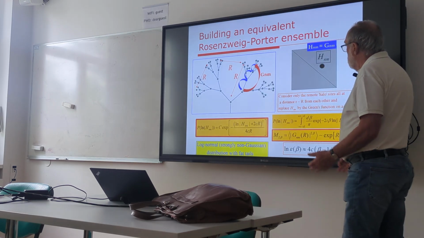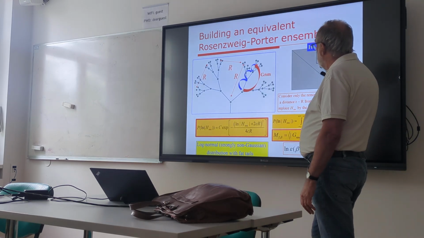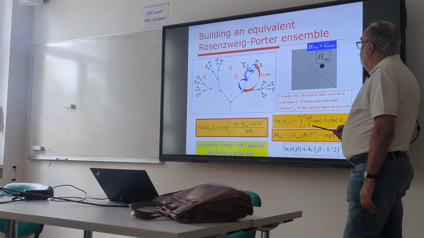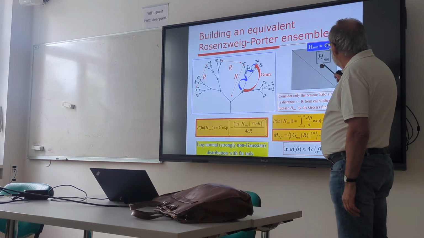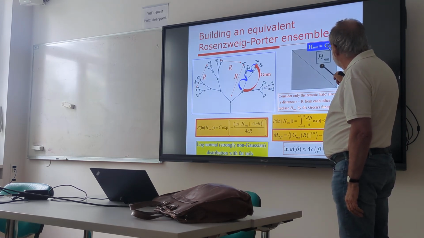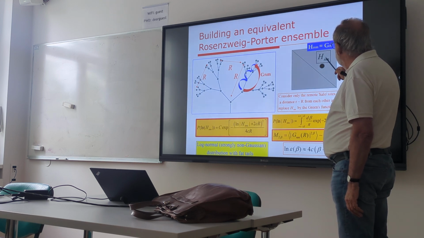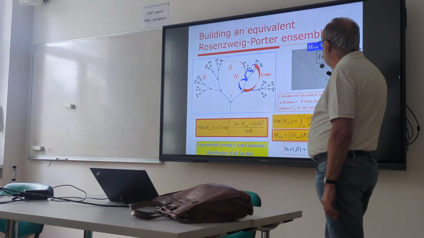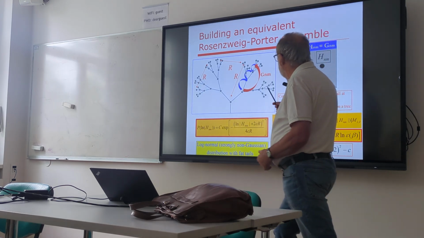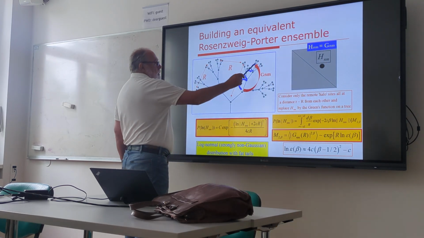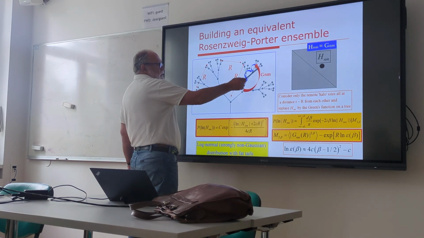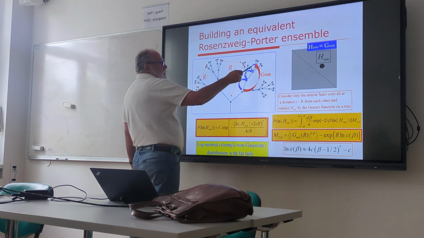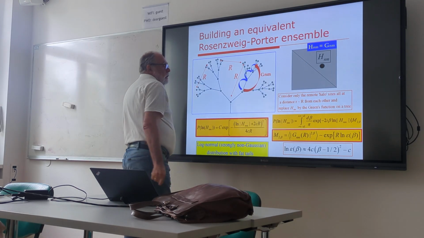Of course, it is random, as I said, but what is characteristic of the Rosenzweig-Porter is that these random numbers for different n and m are all independent and identically distributed. So, as I said, this G, its distribution depends on the distance between the sites n and m.